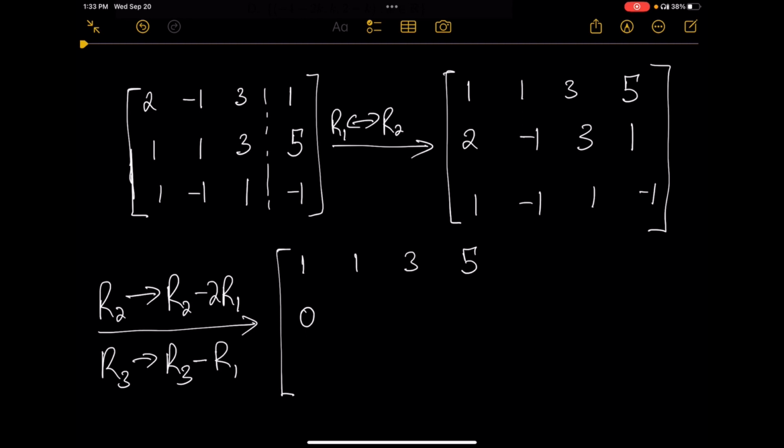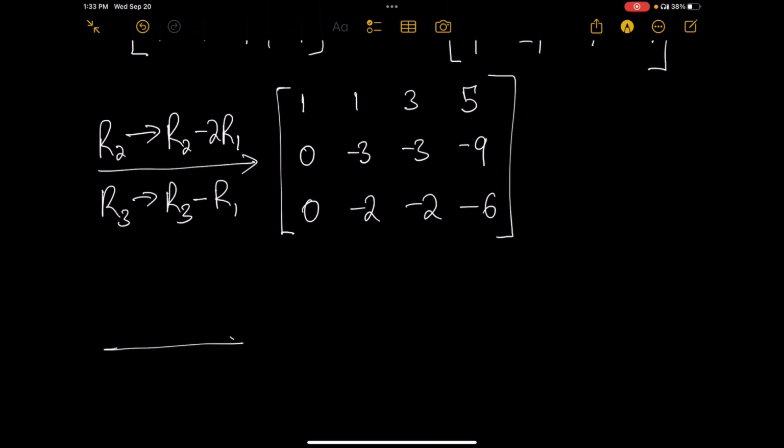Minus 1 minus 2 is minus 3. 3 minus 6 is minus 3. 1 minus 10 is minus 9. Row 3 becomes row 3 minus row 1. So 1 minus 1 is 0, minus 1 minus 1 is minus 2, 1 minus 3 is minus 2, minus 1 minus 5 is minus 6.